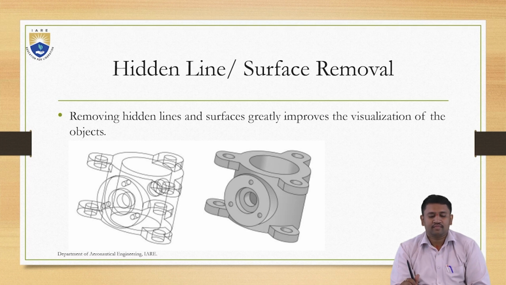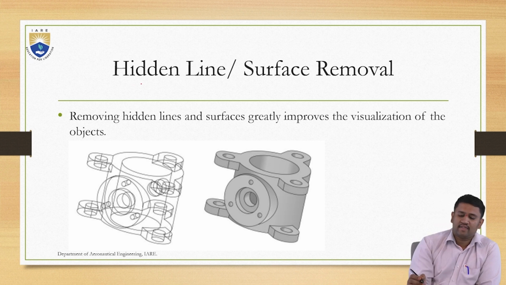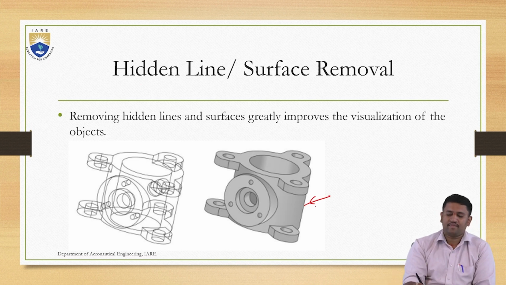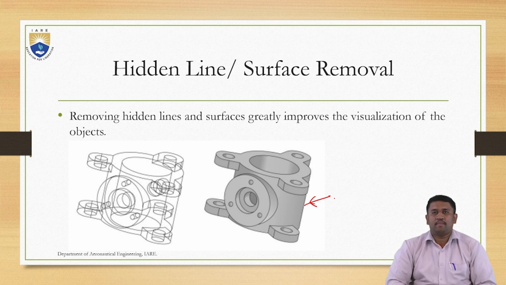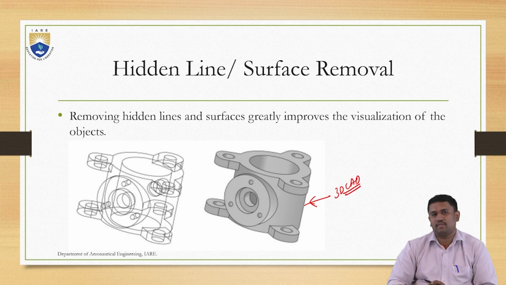Now, hidden line and surface removal. What do you mean by hidden line or surface removal? Basically, this washer coupling, which we have shown here, is an object in 3D CAD, a 3D geometry.